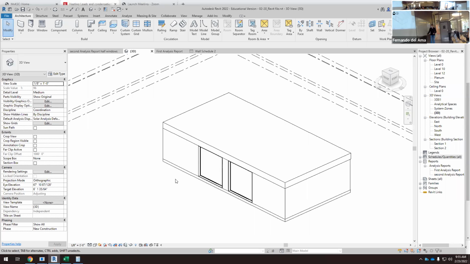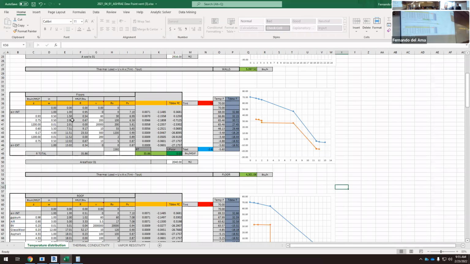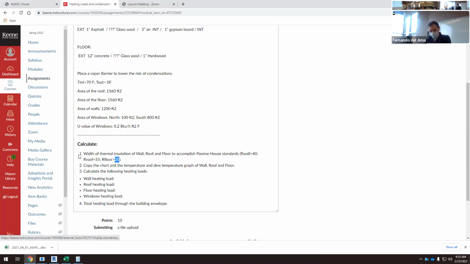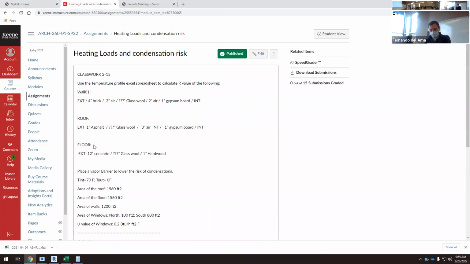Okay, so probably in this Excel file, we can have different outdoor temperatures for different details. But if we are analyzing the floor, we don't have the same temperature here as for the wall or for the roof. Let's try to find out to see what happens. So you have the floor layers.